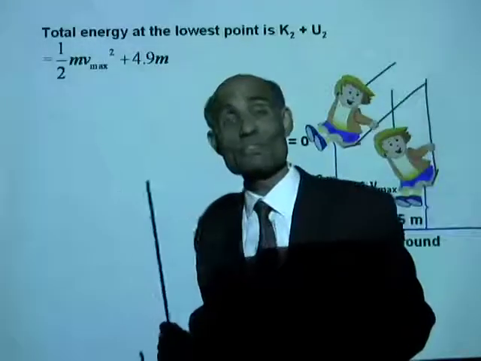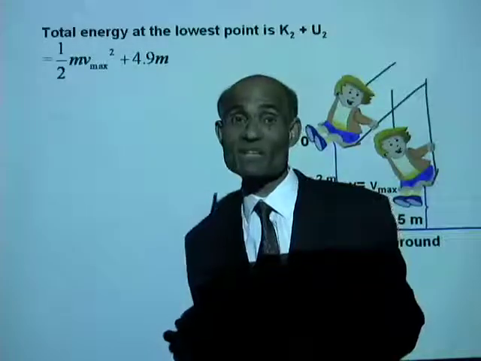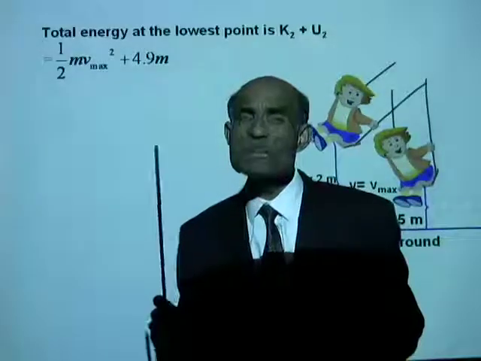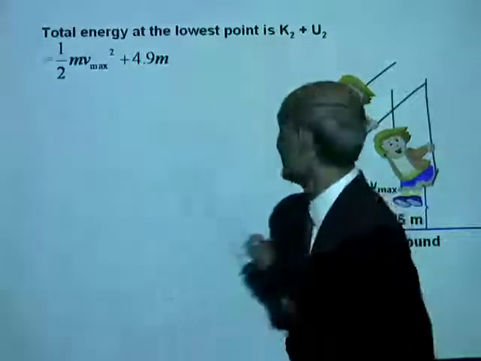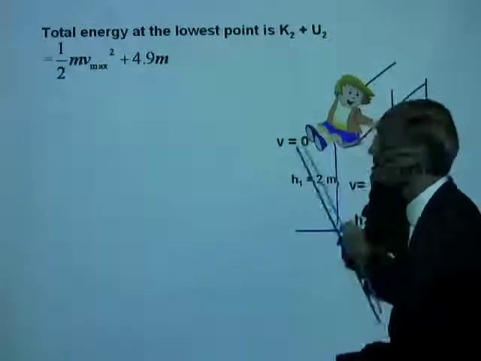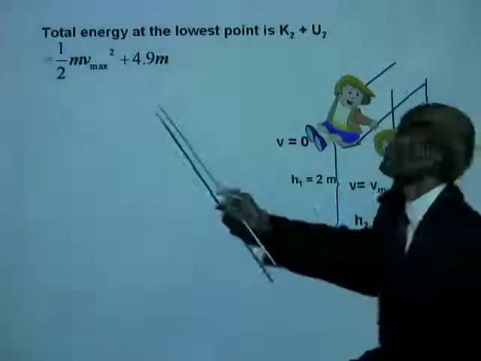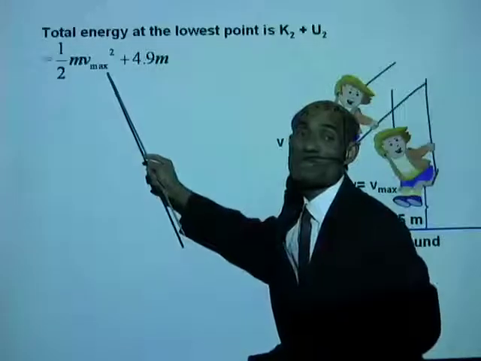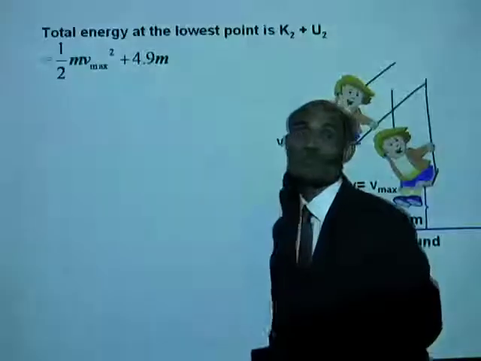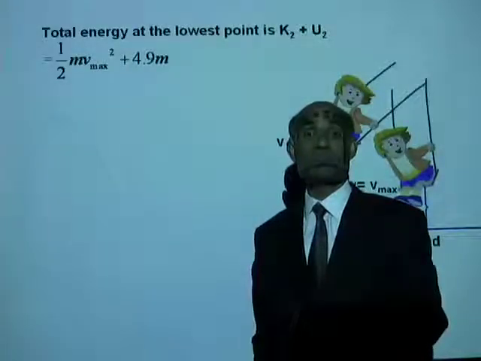What is the total energy at the highest point we calculated? I think it was 19.6 m. That was the total energy at the highest point. And the total energy at the lowest point is 1/2 m v max squared plus 4.9 m.